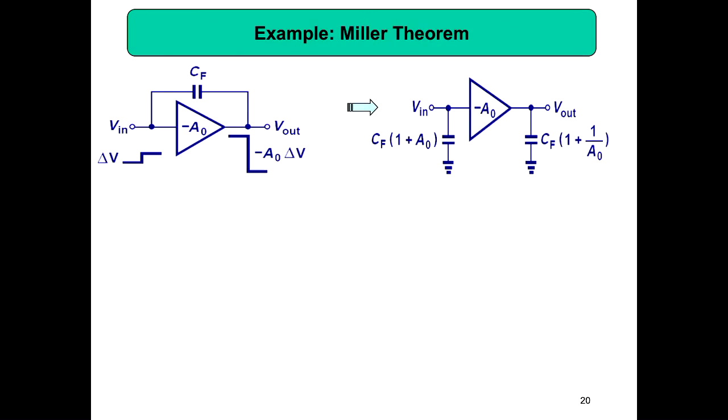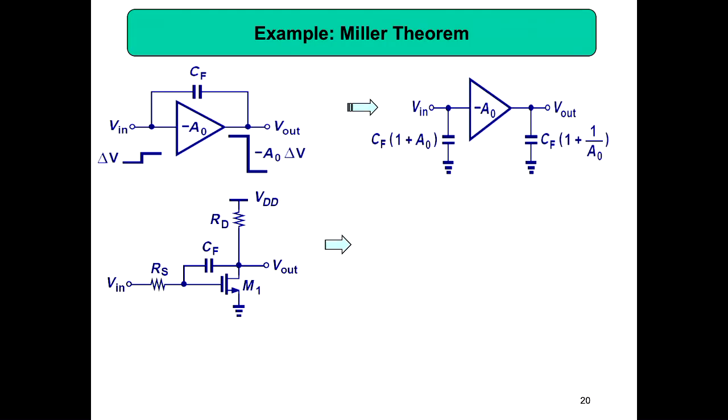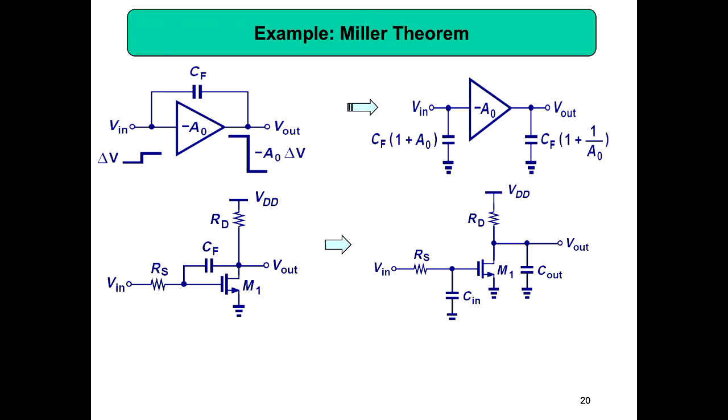Example. So we already got this expression. Now how to find out the pole for this circuit. We can split your floating capacitor CF into two: from the input node to ground, that is C in, and from the output node to ground, that is C out. So C in is 1 minus AV into CF, which you already got here.